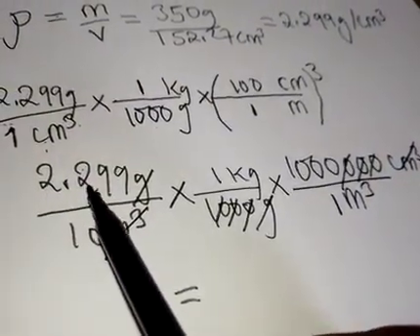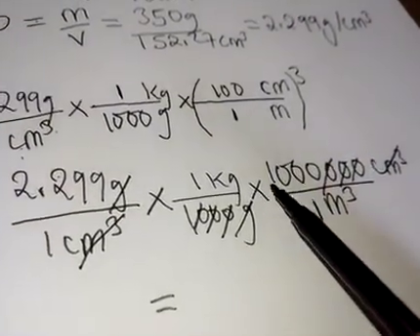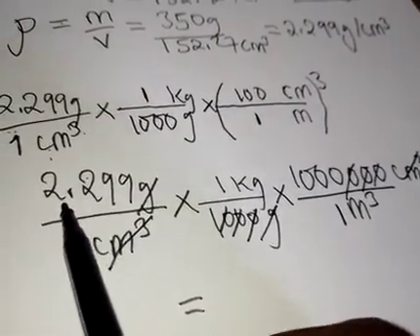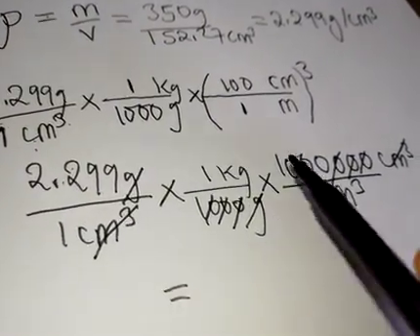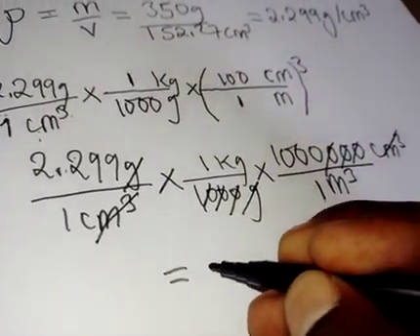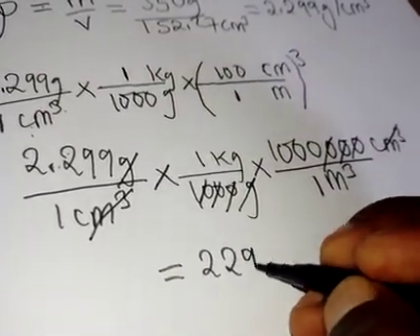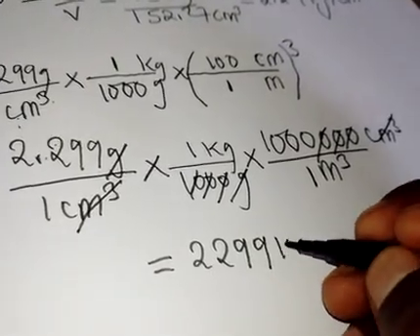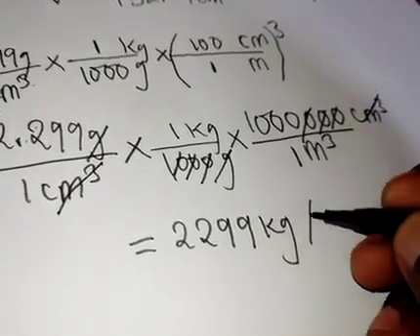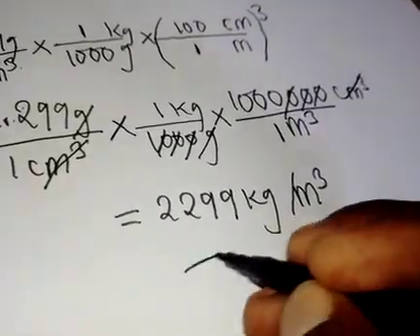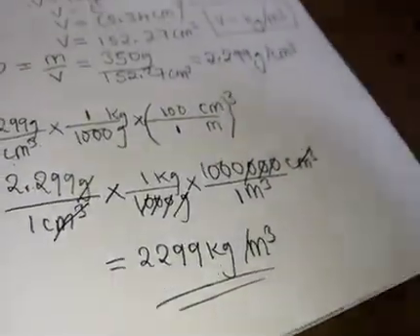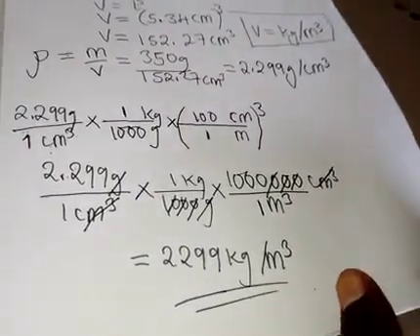Meaning we have 2.299 multiplied by 1000. So the decimal point we just move 3 times. So the answer becomes 2299 kilograms per cubic meter. That's it. That's how you go about solving that question.